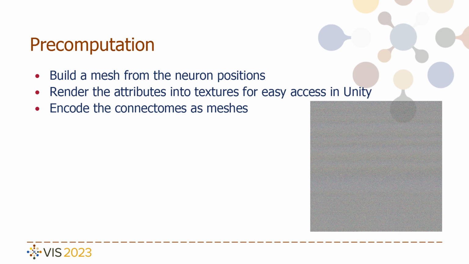We also encode the connectomes as meshes, and this allows us to render them as simple game objects in Unity with a specialized shader, which then selects which connections are shown.